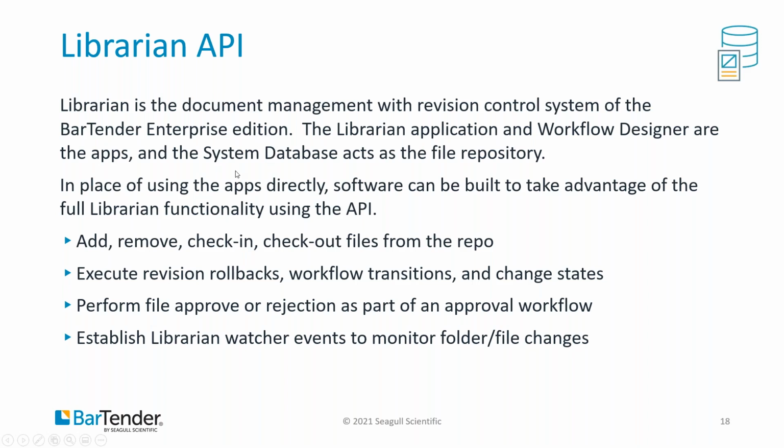So instead of having the user interact with the Librarian application, they can perform these actions through the use of the API, such as to add a file or document to the repository, or to remove it, or to check it in, or to check it out, to execute revision rollbacks, workflow transitions, to change the state of a particular file, to perform approve or reject actions as part of an approval workflow, and to establish librarian watcher events to monitor for changes in files in particular watched folders.